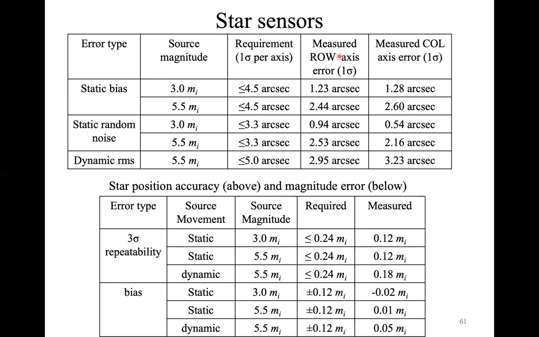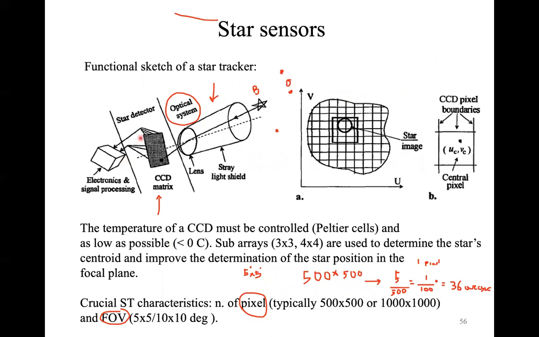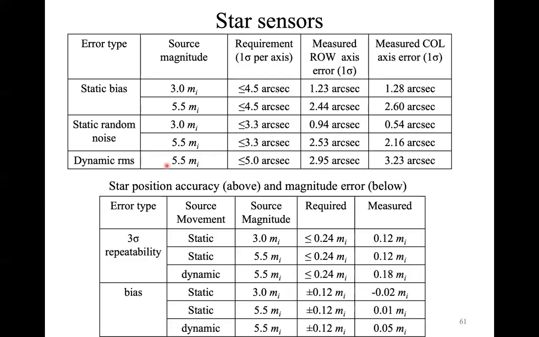Row axis means when you look at the CCD, this is the row axis and this is the column axis. It's like the matrix form. Since the CCD is a matrix, for those stars you can have an error of 1.23 arc seconds in position.